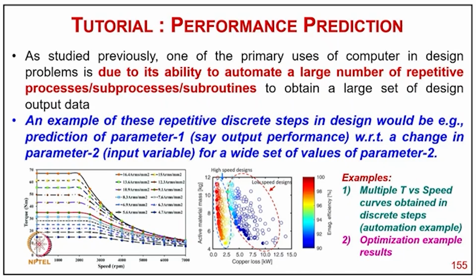An example of repetitive discrete steps in design is the prediction of one parameter, say output performance, with respect to the change in an input variable over a wide range. Here you can see how the torque and speed change with the current density, and similarly, in the second case, how the copper loss and active material cost change. These are two examples, with the optimized results also.